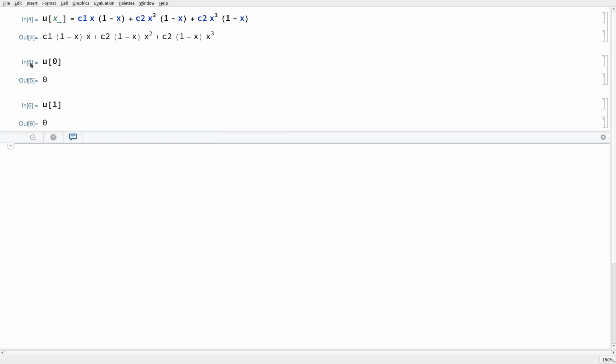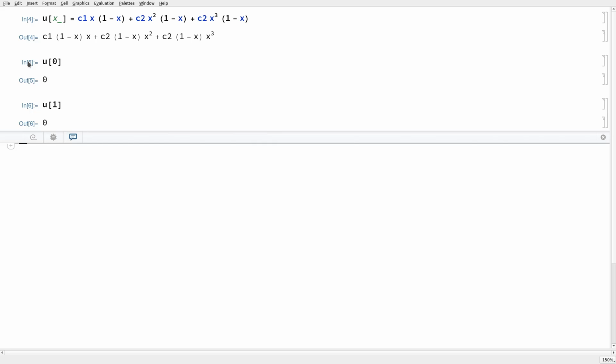And then u of 1 is also equal to 0. If you don't know what I did there, basically the first line I defined a function, and then I just evaluate the function at 0 in the second line, and it plugs in 0 for x everywhere, and you can see that it is 0. And then u at 1 is also 0. So it satisfies the boundary conditions.